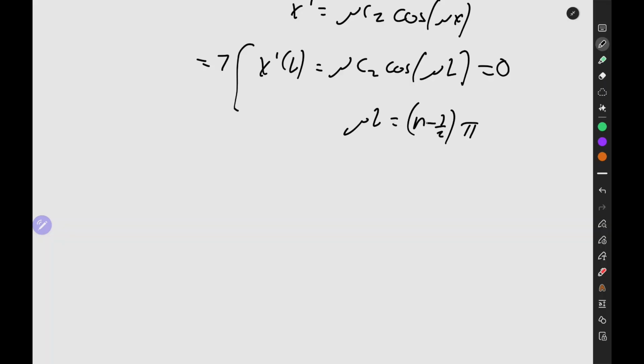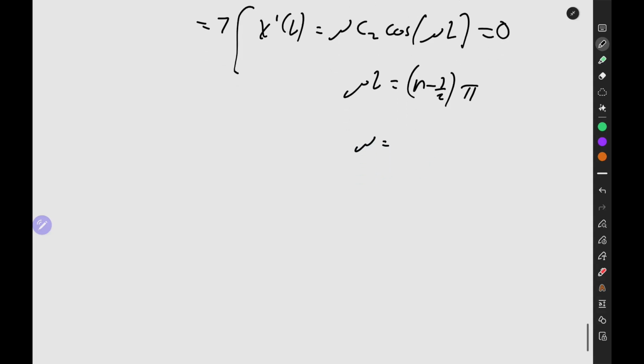So say n is 1, this would be pi over 2. Cosine pi over 2 is 0, and so on and so forth. You can rewrite this actually. I prefer to write it as 2n minus 1 over 2 times pi, divided by L. So it's going to be all this times pi divided by L.